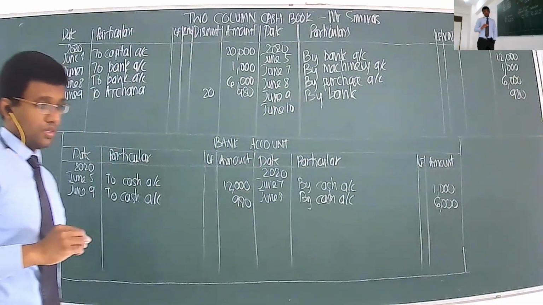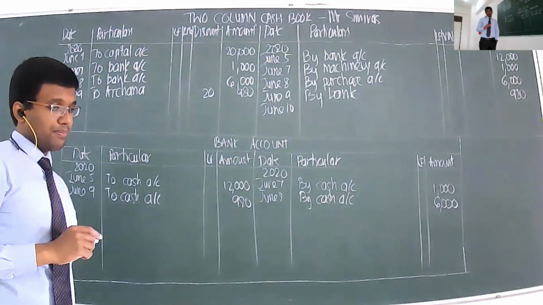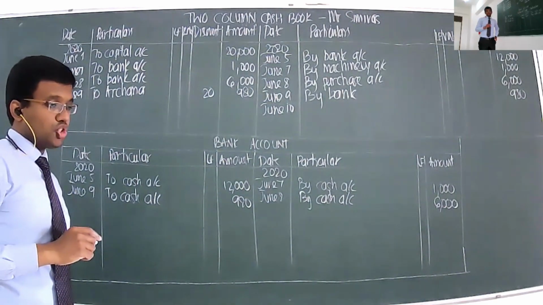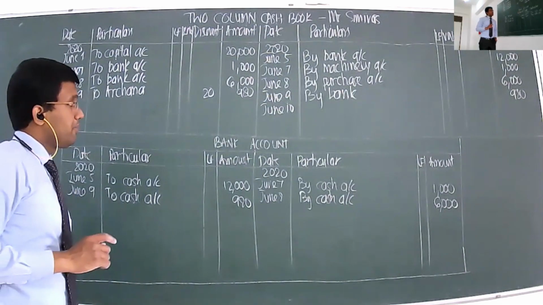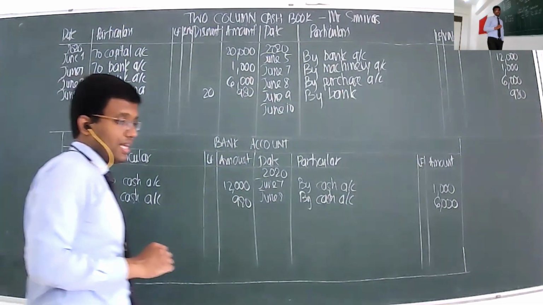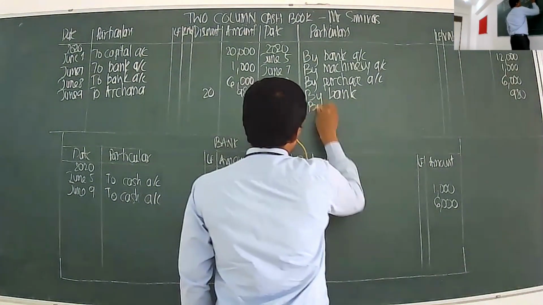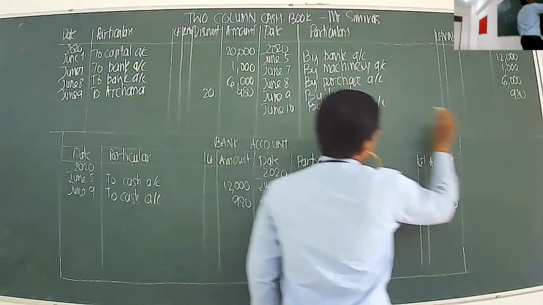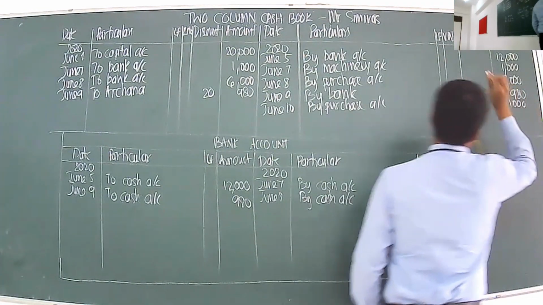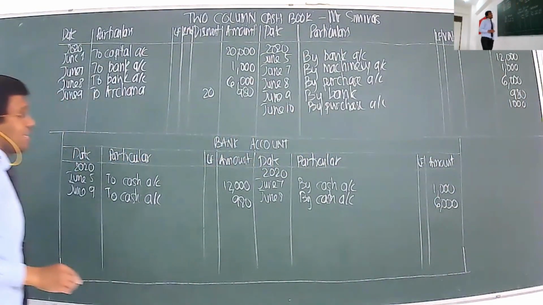On 10th of June, what is happening is purchase goods for rupees 1,000 and paid by check. So by purchase account, amount is 1,000. Okay, but how exactly are you making the payment?